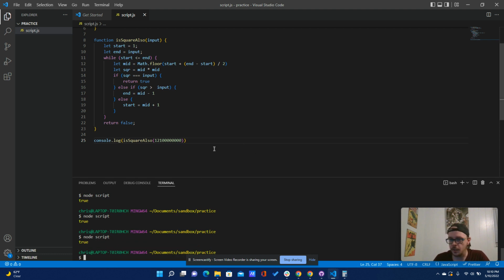If a number's a square, you can add 2 zeros and it'll be a square, because you're just multiplying each component by 10. So 7 times 7 is 49. 70 times 70 is 4,900, right? I could keep on going until I get to the max integer value, and then after that, it might have a conniption.